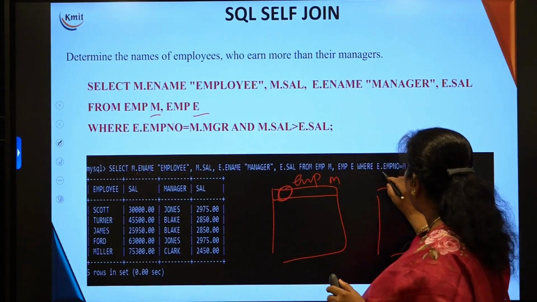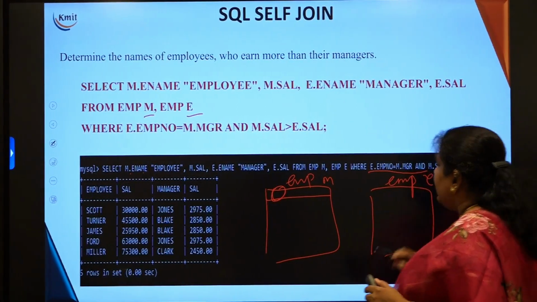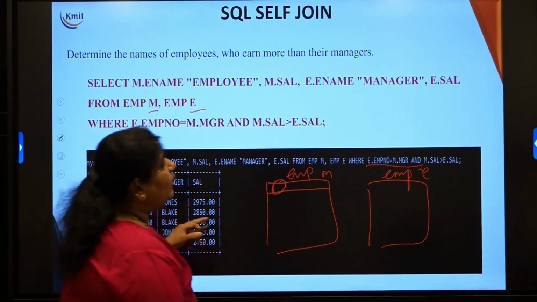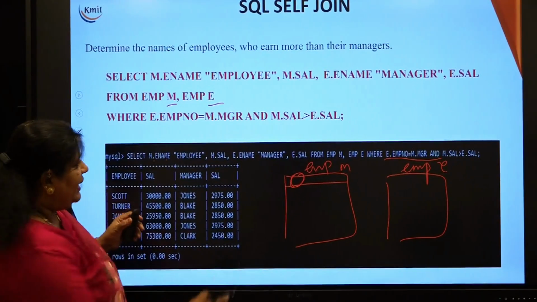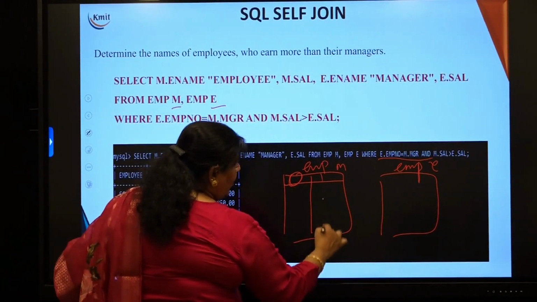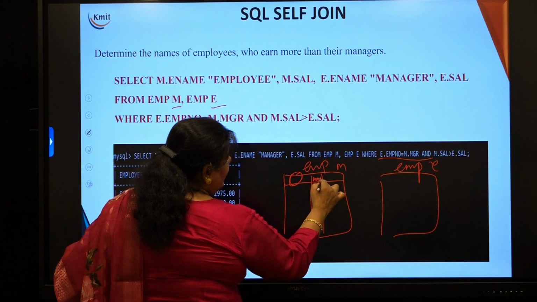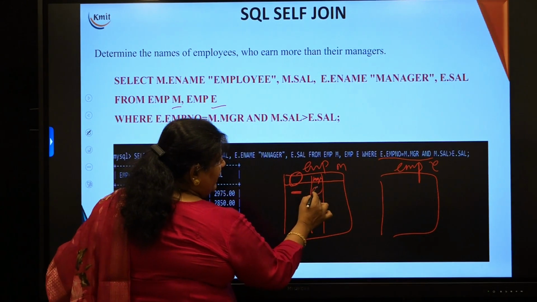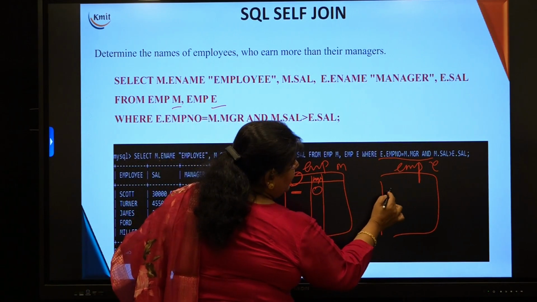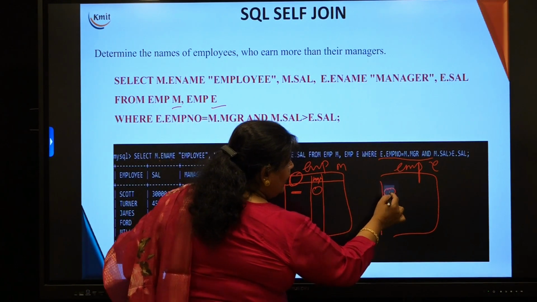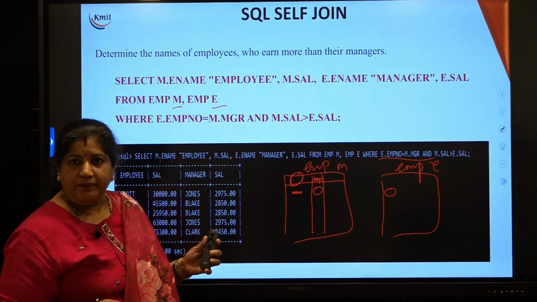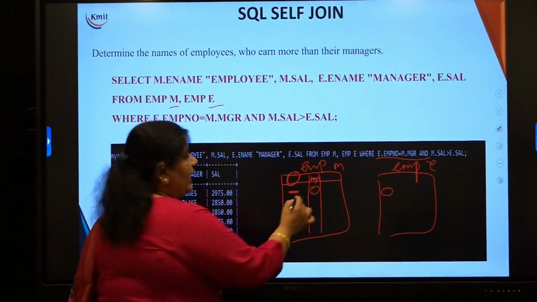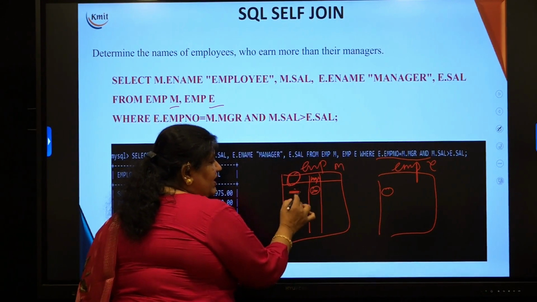But how am I comparing? Look at this. E.empno is equal to M.mgr. The M table's MGR column tells me who the manager of this particular employee is. Now when I try to find this number in the EMP number column here, that is the manager's name. So MGR tells me that this particular employee number is the manager of this employee.